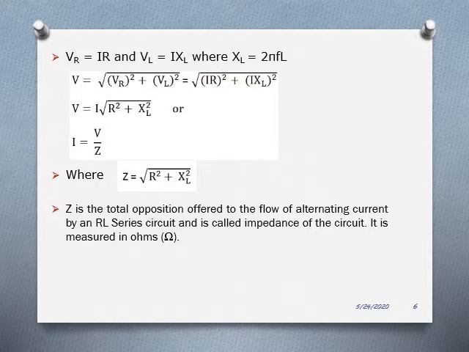So I is equal to V by Z, where Z is square root of R square plus XL square. This is nothing but the impedance, the total opposition offered to the flow of alternating current by an RL series circuit, and its unit is always measured in ohms.